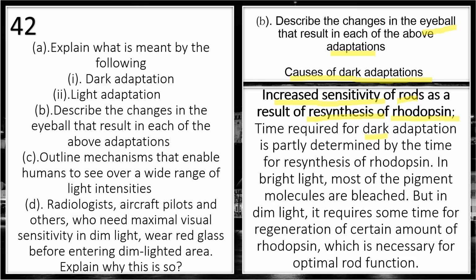The time required for dark adaptation is partly determined by the time for resynthesis of rhodopsin. In bright light, most of the pigment molecules are bleached, but in dim light it requires some time for regeneration of a certain amount of rhodopsin, which is necessary for optimal rod conduction.